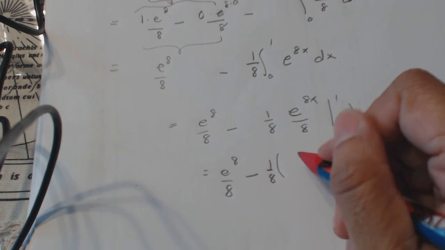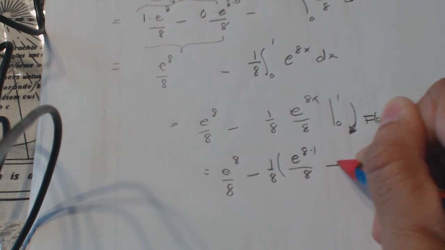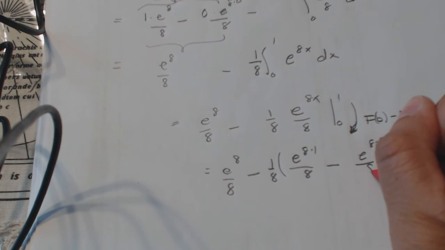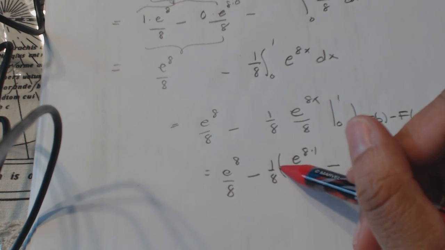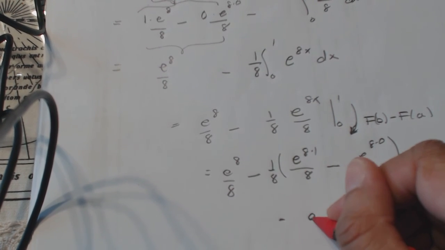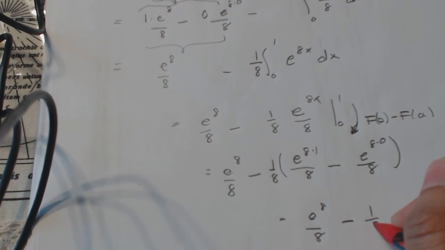So that's what I'm doing here now. e to the 8 times 1 over 8 minus e to the 8 times 0 over 8. If you have this parenthesis missing, it's going to wreak havoc on your final answer. So we have e to the 8 over 8 now minus 1/8 times e to the 8 over 8.